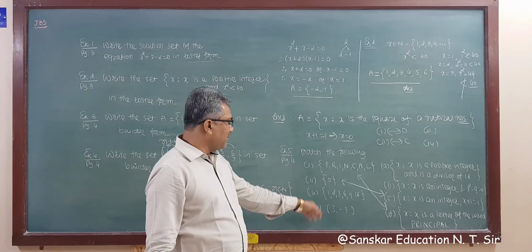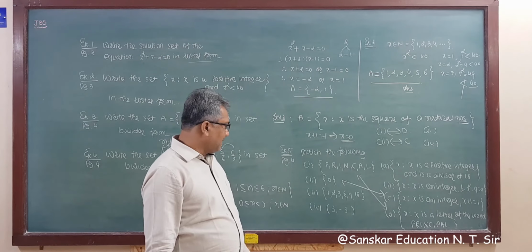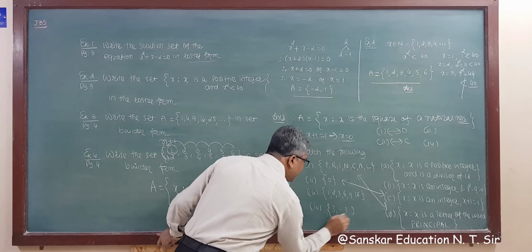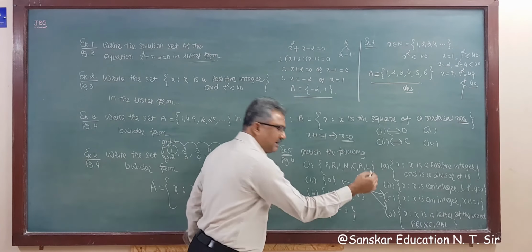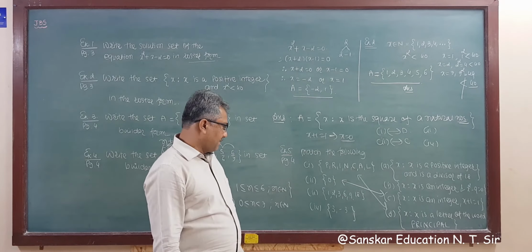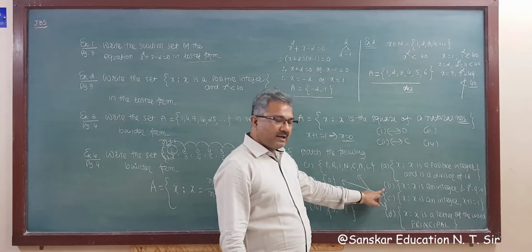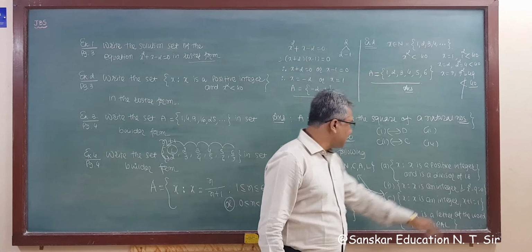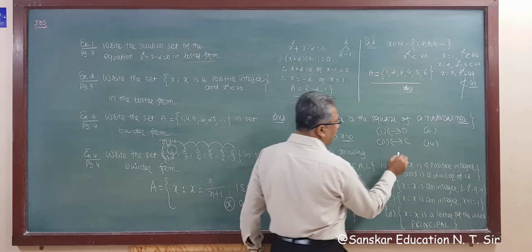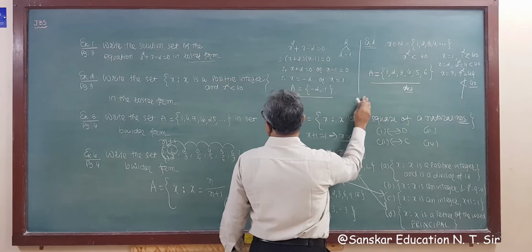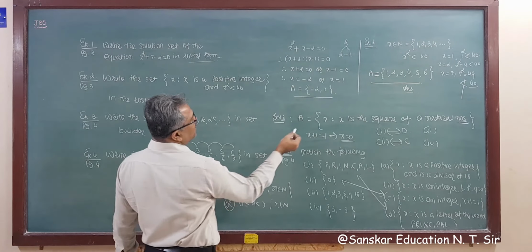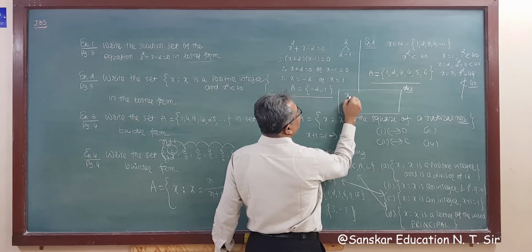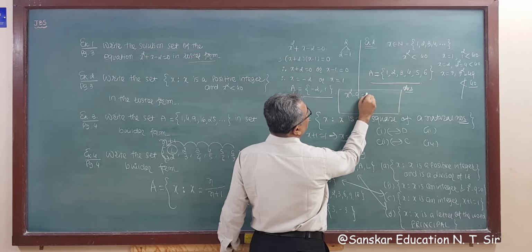Now you have to decide for 3 and 4. Right? Now this is 3 and minus 3, which we have to express in set brackets. Then B. Now B: x is an integer and x square minus 9 equal to 0. It is given x square minus 9 equal to 0.